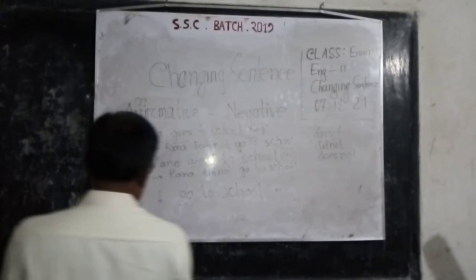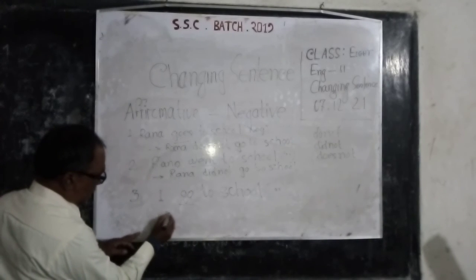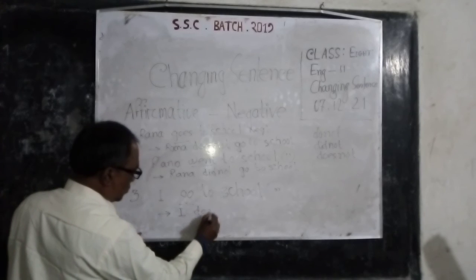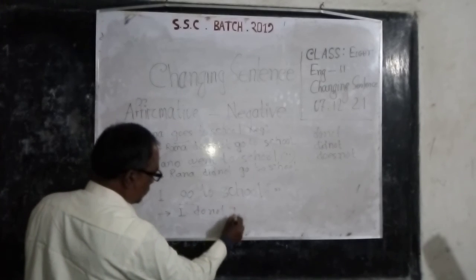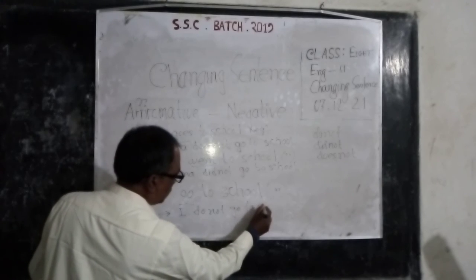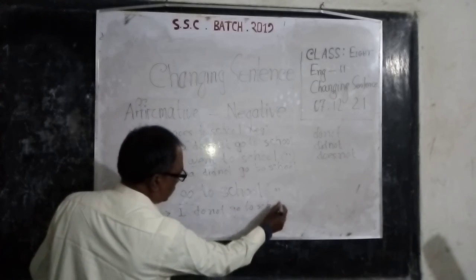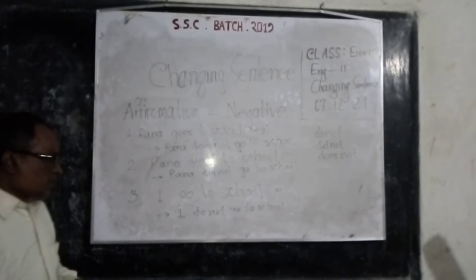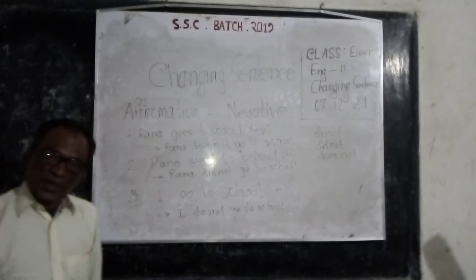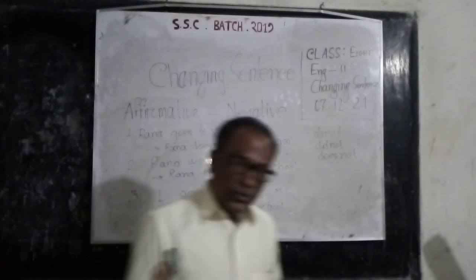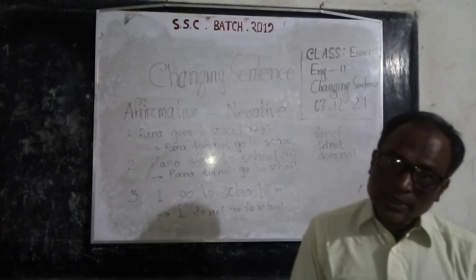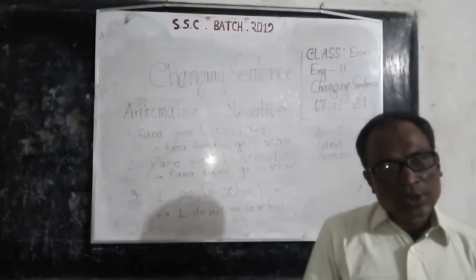And in sentence number 3, we use do not: I do not go to school. Because there is no s or es here and no past form here. So what do we do then? If we find s or es added with the verb, we use does not.